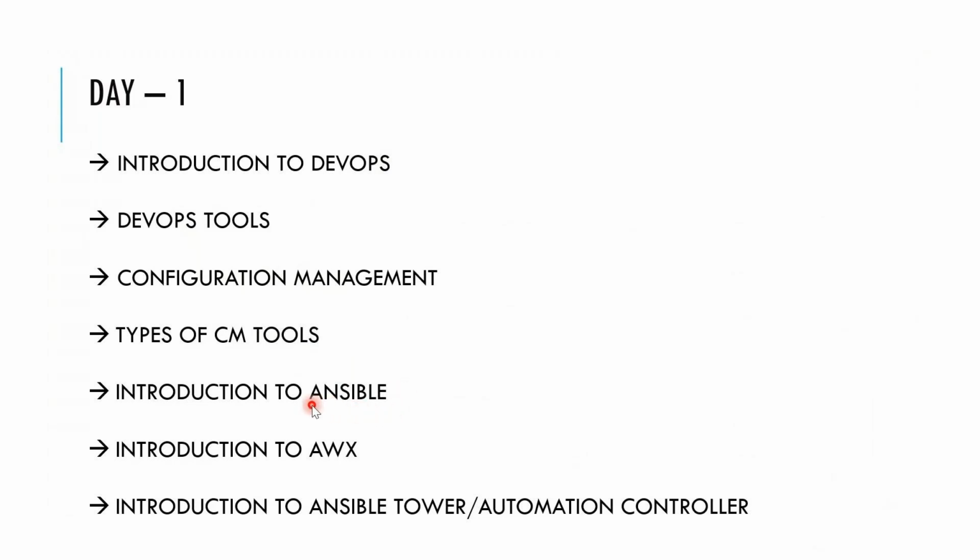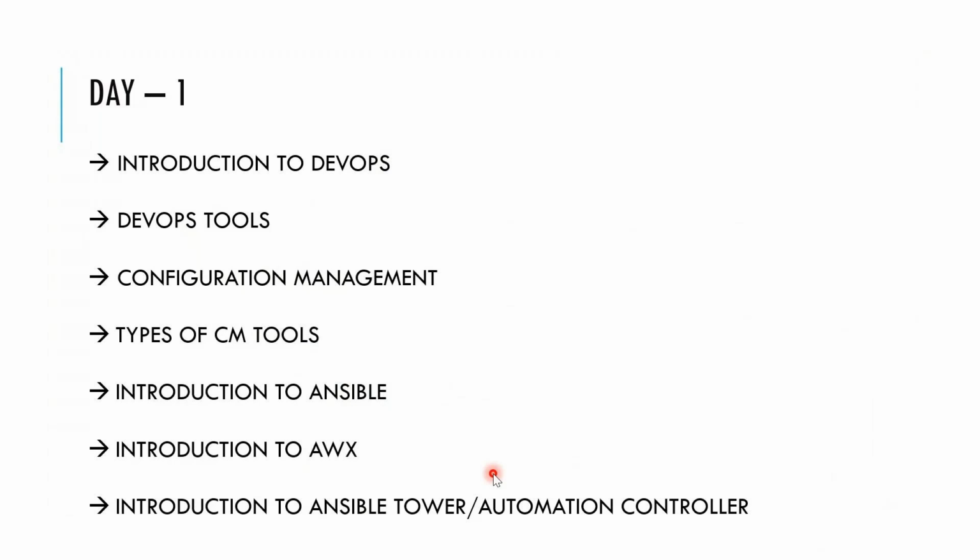We discussed Ansible core in detail, and also the Ansible web interface. AWX is the free version, and then we discussed Ansible Tower. Ansible Tower is again a license-based web user interface, which can manage, run, execute, view the logs, and handle audit purposes.